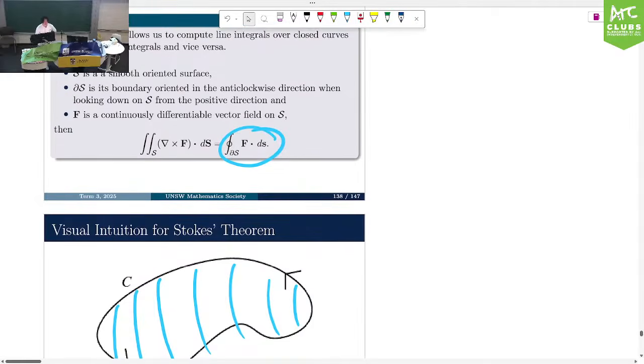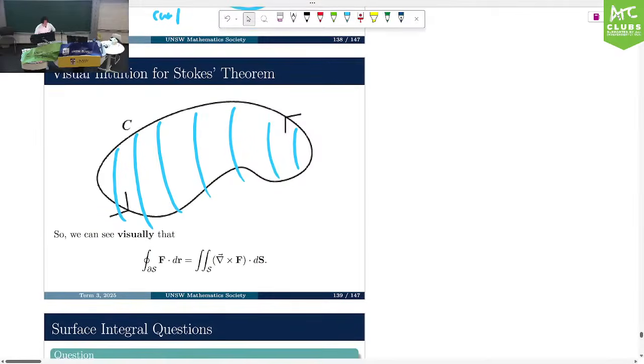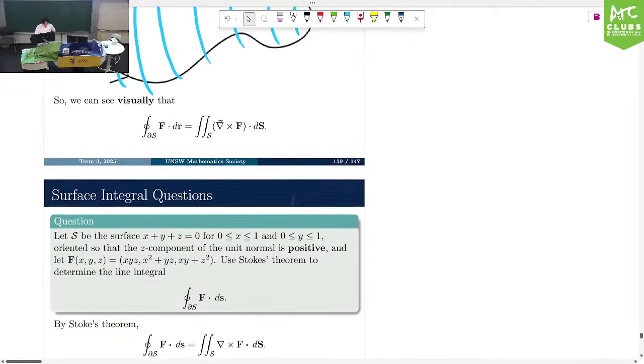However, Stokes' theorem just tells us that that is equal to the integral of the curl over the entire surface, because everything inside would be cancelled, and it's just the edge factors that we take into consideration. So here's a visualization if you find that helpful.